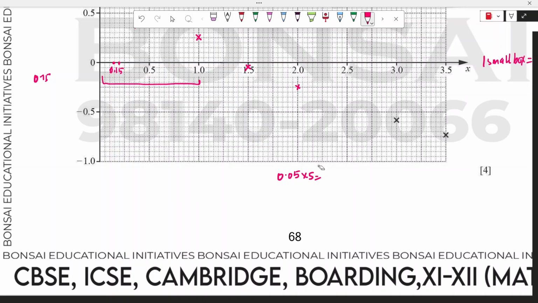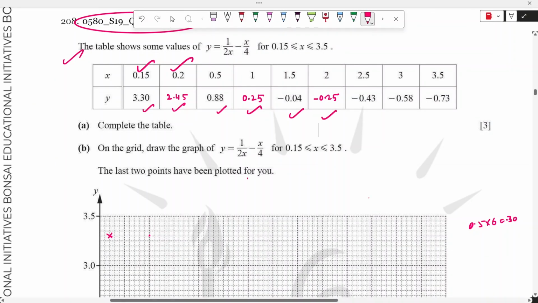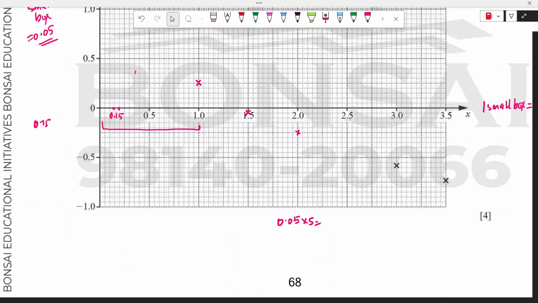And let us delete this. So we're done with this, and my 2.5 and minus 0.43. 2.5 here, and 0.43 minus, if you divide by 0.05, you're going to get approximately 8.5 boxes.